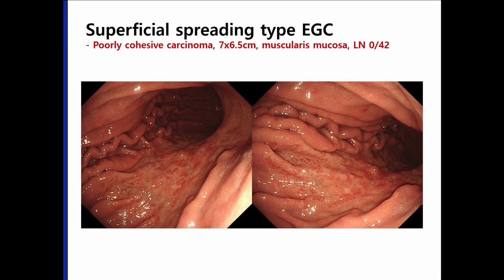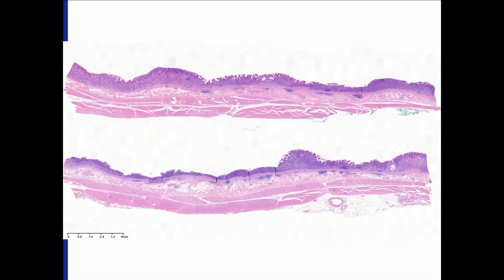The size of the lesion was 7 cm in diameter, but the tumor was limited to the mucosal layer. Total gastrectomy was done, although there are some areas of submucosal desmoplastic reaction. The tumor is limited only to the mucosal layer.